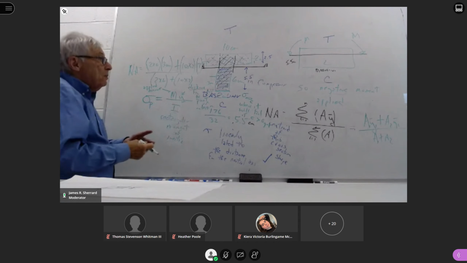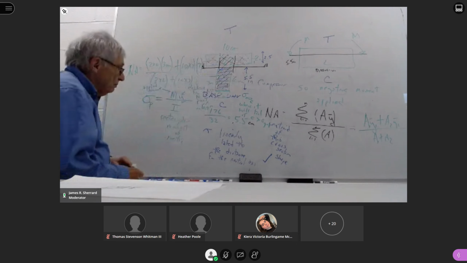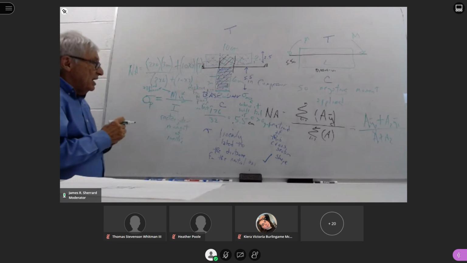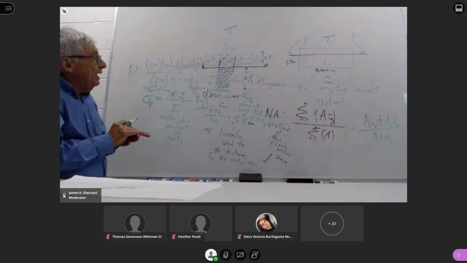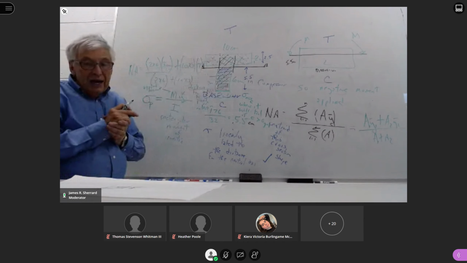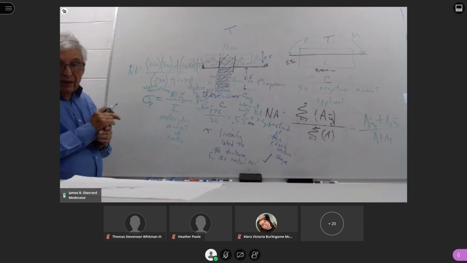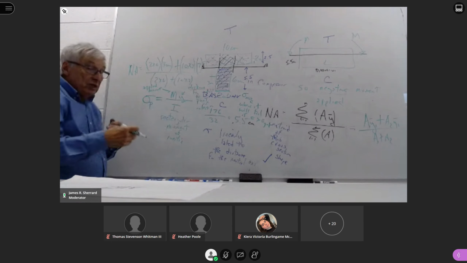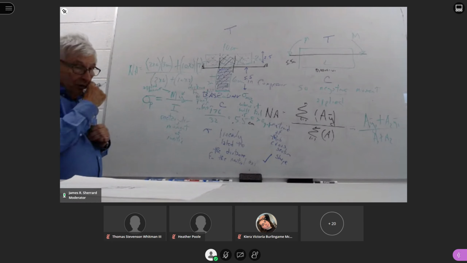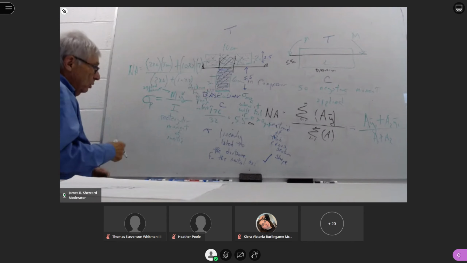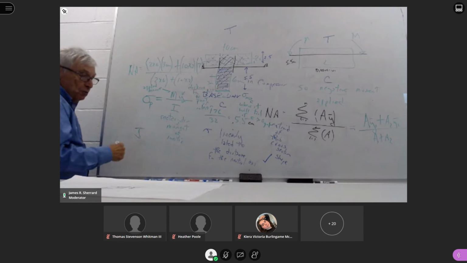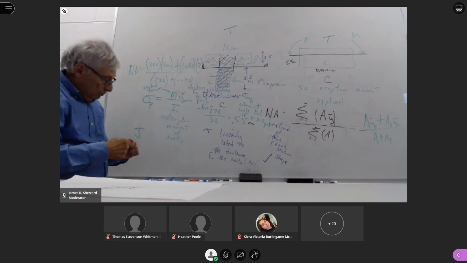This is a physical property of the cross-section, and it's basically taking the area and swinging it around the neutral axis to come up with a moment of inertia. This moment of inertia is similar to what you did for torque, where we had J, which was polar moment of inertia.